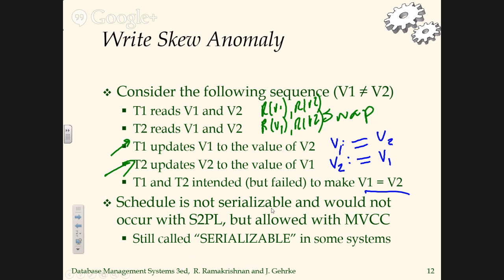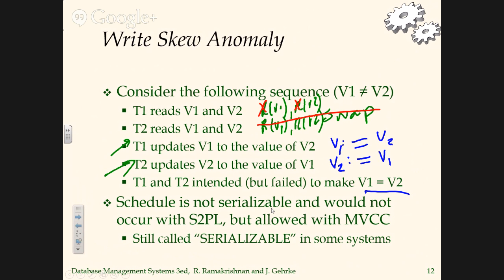Or alternatively, if you start by giving exclusive locks here, then this one will have to wait. And so you won't be swapping, you will just serialize the thing. So basically, this schedule is not serializable. It wouldn't occur with strict two-phase locking, but multi-version concurrency control allows it.